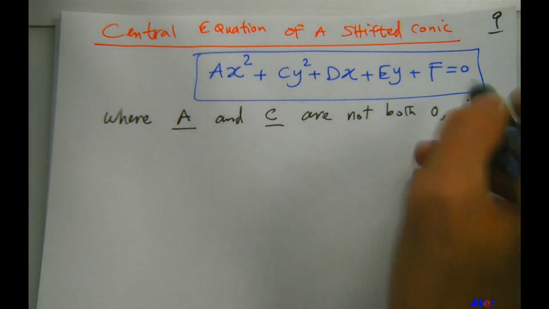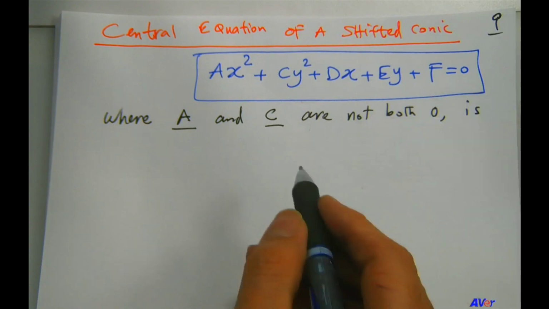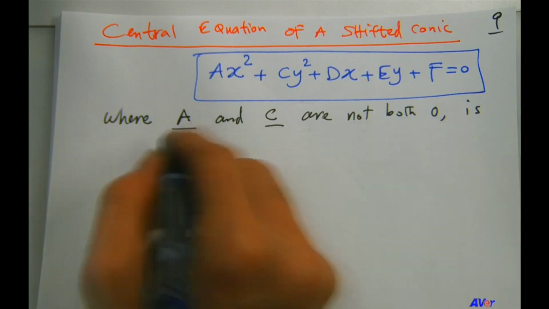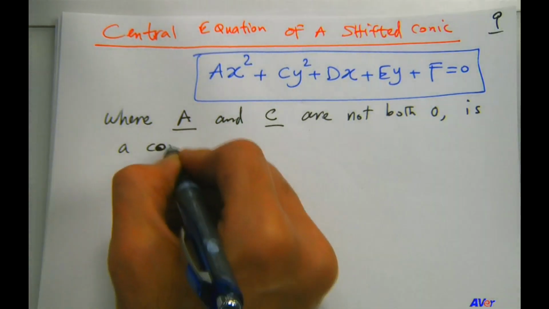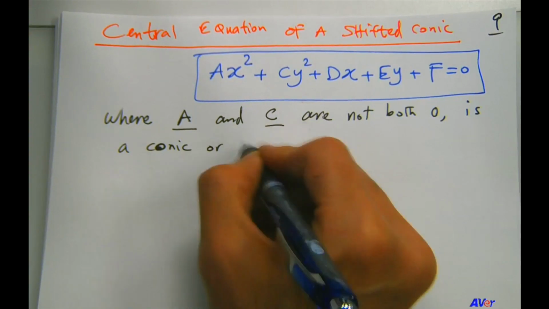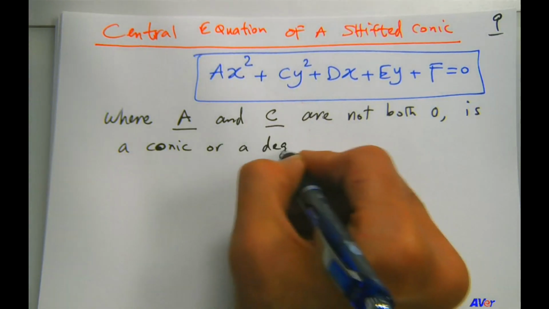When these are not both 0, it is a conic or a degenerate conic. And we'll talk about the degenerate case.